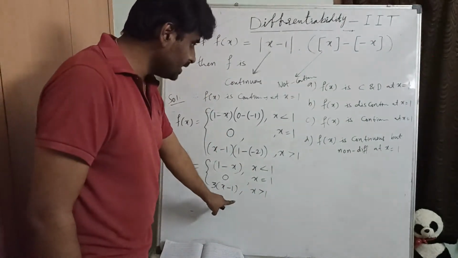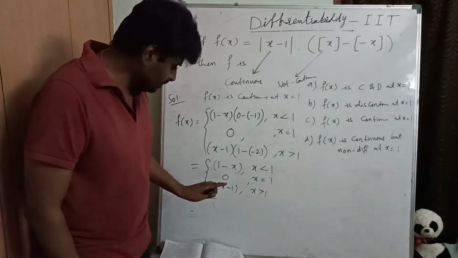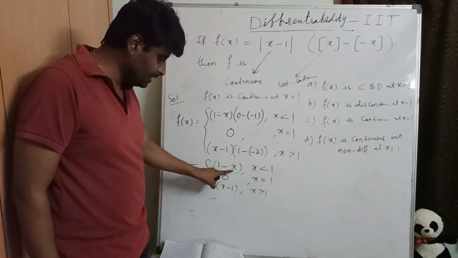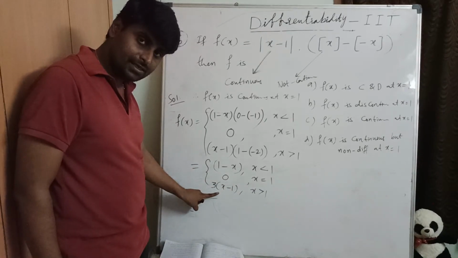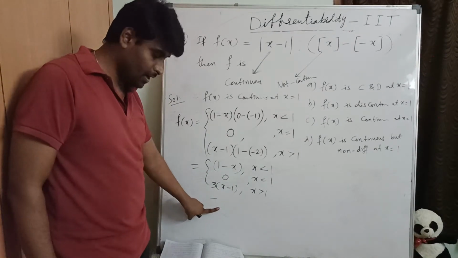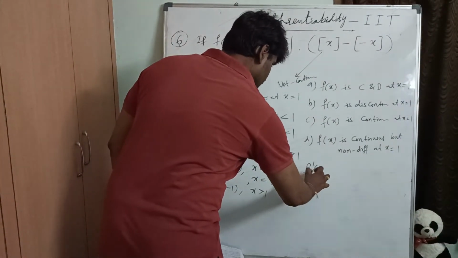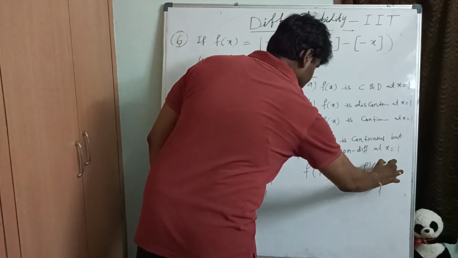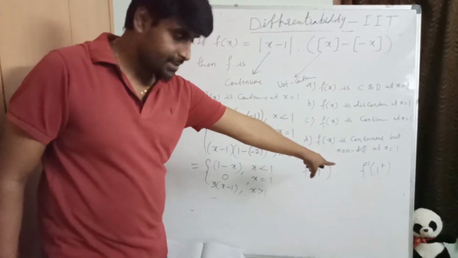So let us check whether it is differentiable or not. It's very easy. Differentiable means, this is LHD, left hand derivative: derivate it and substitute 1. Here also RHD: derivate this, substitute 1. So f dash of 1 minus is the LHD at x equal to 1, and f dash of 1 plus is the RHD at x equal to 1.